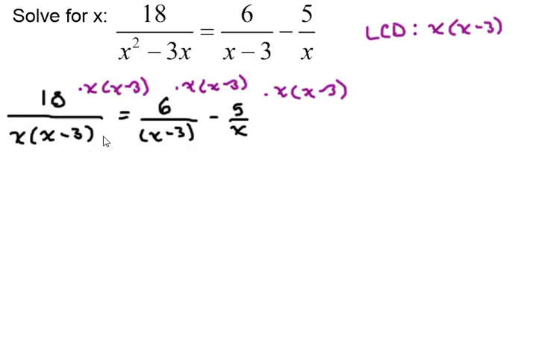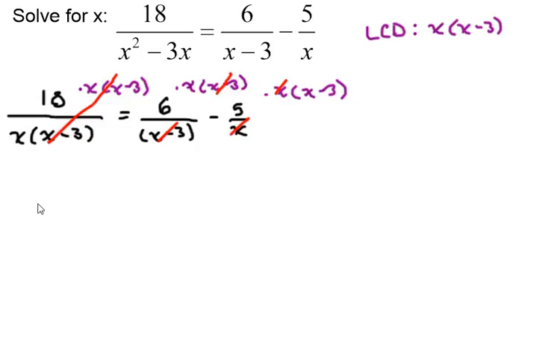So looking at these expressions now, individually, if I multiply the top of this first expression by x outside of x minus 3, and I also have that in the denominator, then everything here is going to cancel. If I look at the second expression, I would have the x minus 3 cancel with the x minus 3, and in the third expression, I would get my x's to cancel. So what I've been able to do here is eliminate the fraction portion of this rational equation.